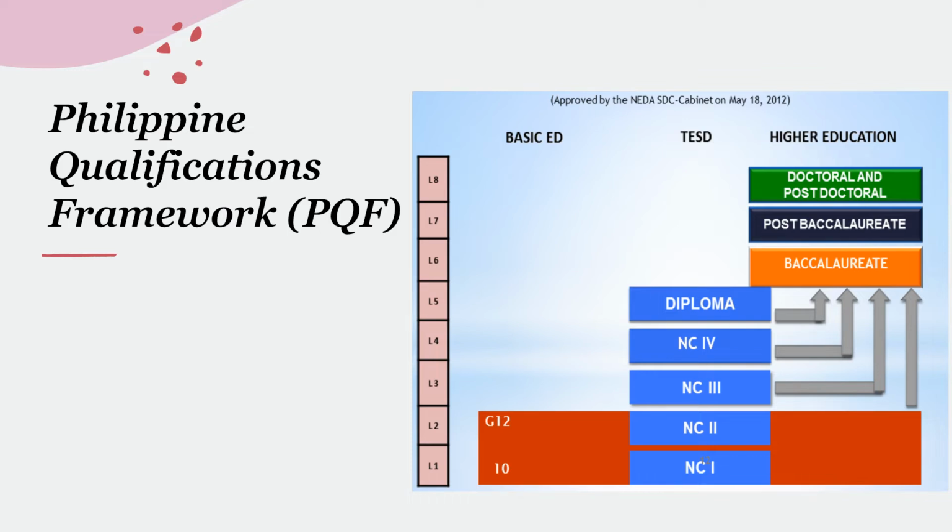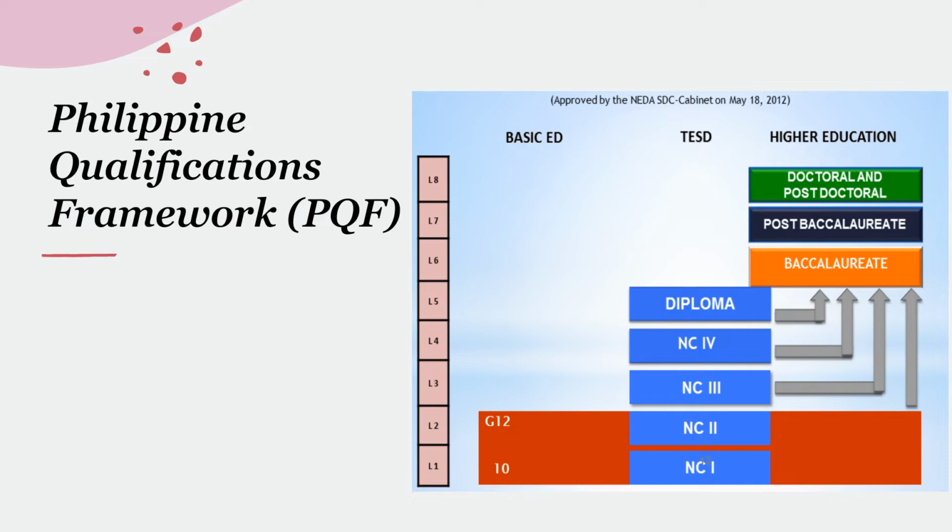So next one, after the basic education, since grade 12 is already level 2, the next one is the technical education skills development, wherein the different technical vocational institutions are in charge and being regulated and overseen by the TESDA, just like what I've said. So for level 1, we have NC1, level 2 is NC2, NC3 is level 3, NC4 is level 4, and we have this diploma, which is level 5.